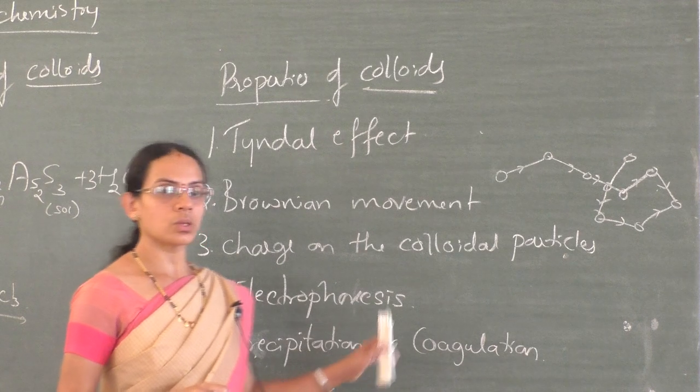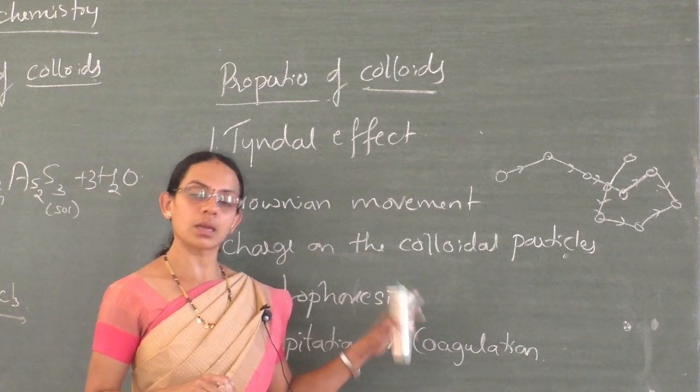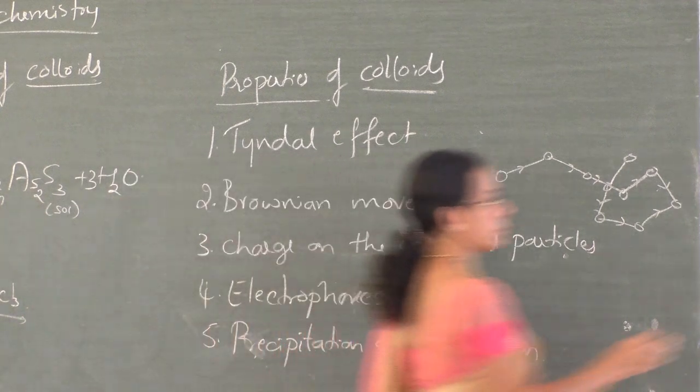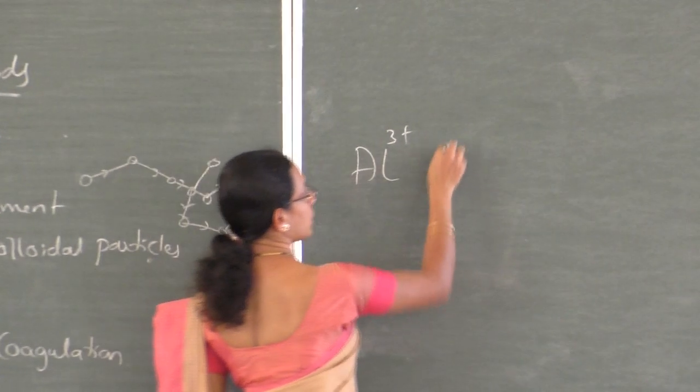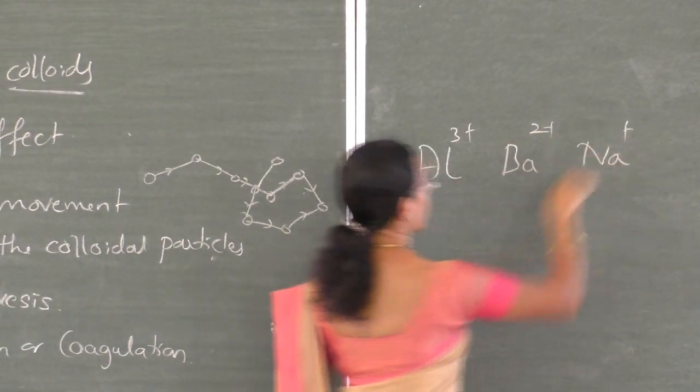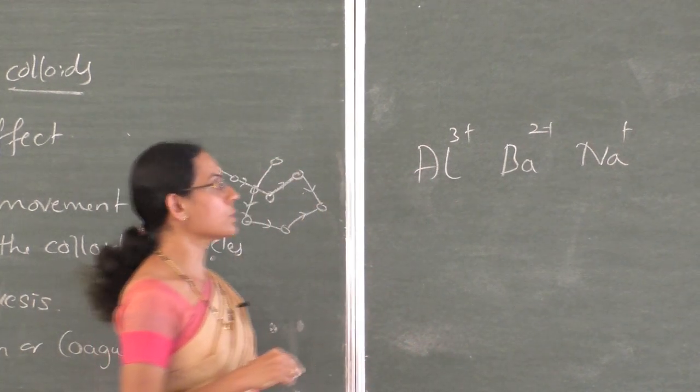For example, to precipitate a negative sol, we have to add a positive ion, right? Now, suppose there are three positive ions: aluminium, barium and sodium, Al3+, Ba2+ and Na+.